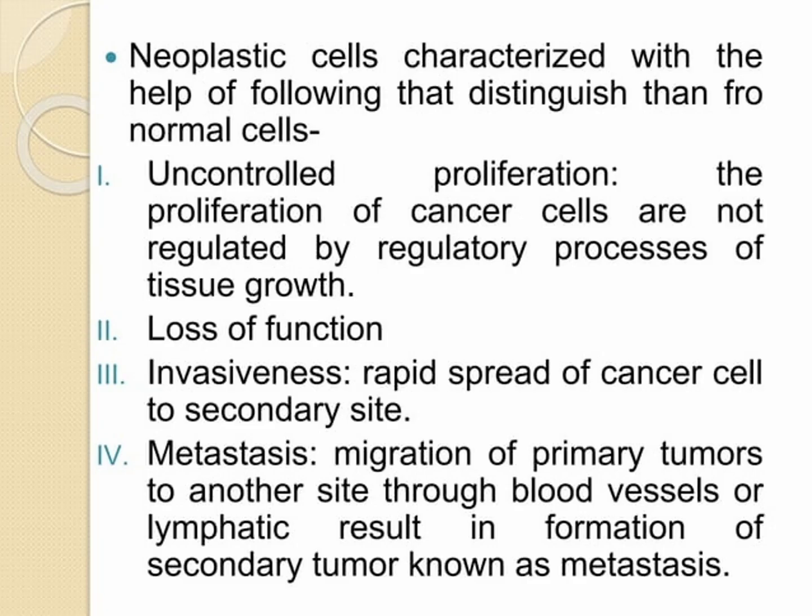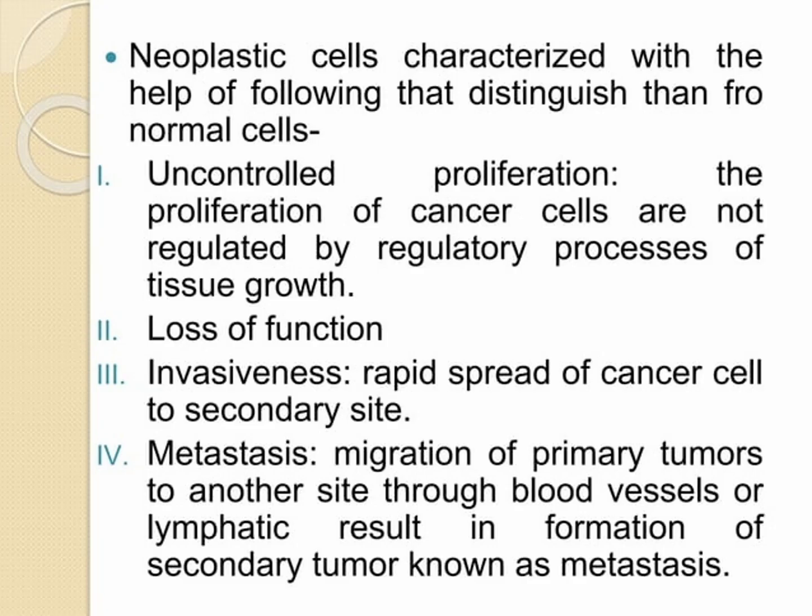Now, neoplastic cells can be characterized with the help of the following features that distinguish them from normal cells. So here we can see the difference between normal cells and neoplastic cells. Regarding neoplastic cells, uncontrolled proliferation: the proliferation of cancer cells is not regulated by the regulatory process of tissue growth.